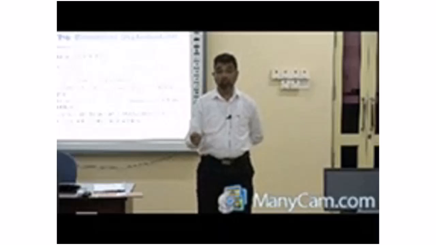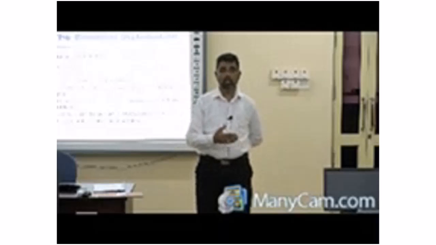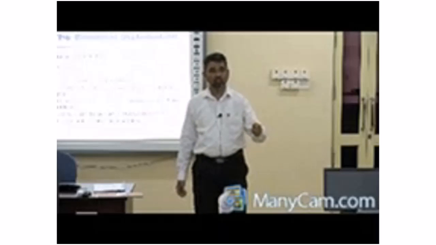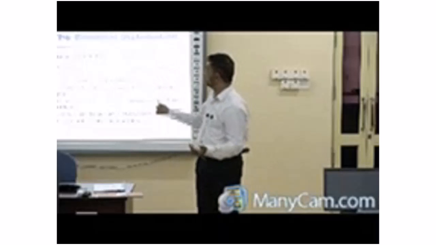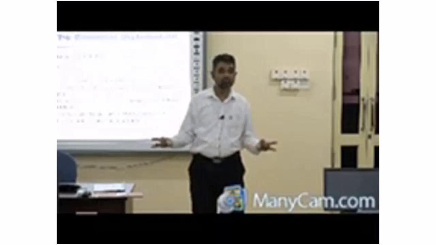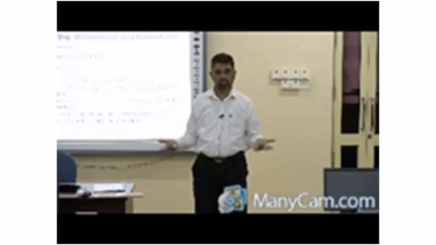Also, when tossing a coin, we see two options: head or tail. Each trial has only success or failure, two options, head or tail.